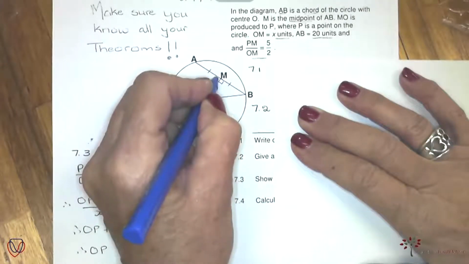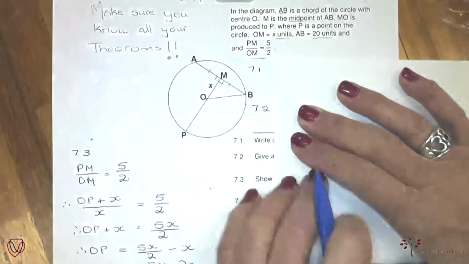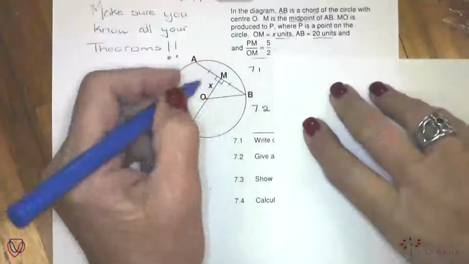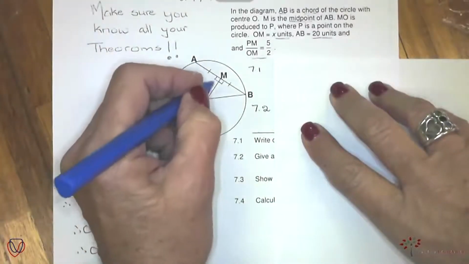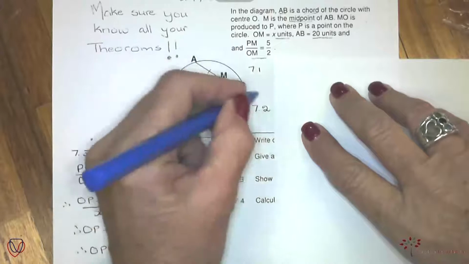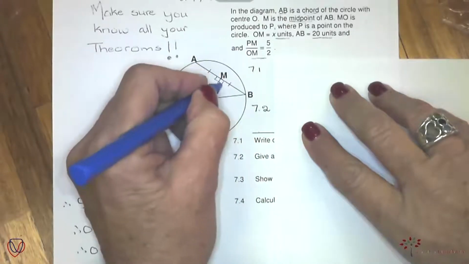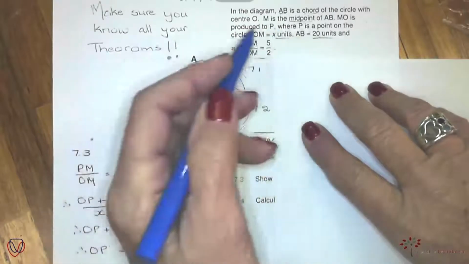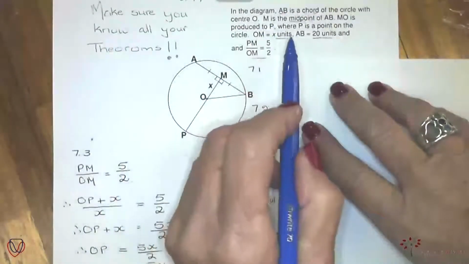It will be 90 degrees. It's your first theorem from grade 11. A line from the center of the circle to the midpoint of a chord will bisect the chord and it will be 90 degrees on the chord. I actually repeated myself there, but you know the theorem.